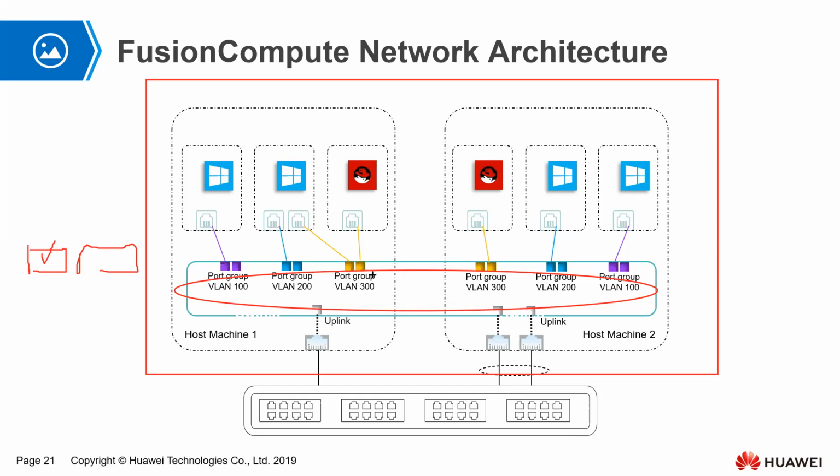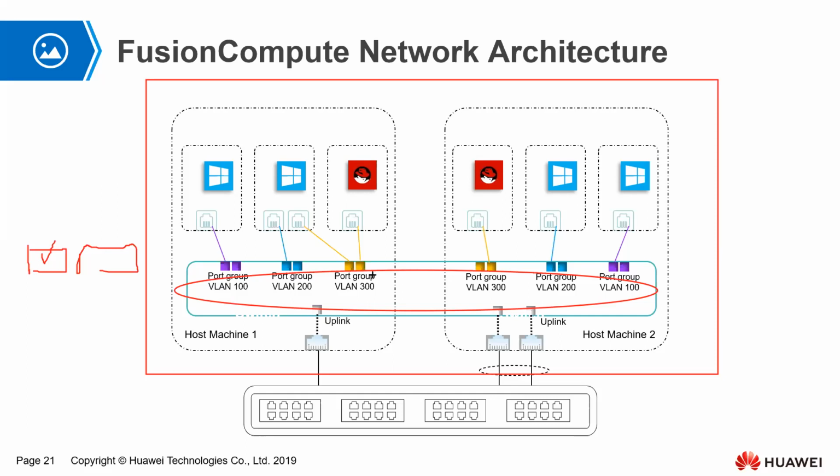Okay, so different physical ports can be configured for management plane, storage plane, and service plane. We already talked about management plane and management traffic, storage plane and storage traffic, and service plane and service traffic. So an uplink port or an uplink port aggregation group can be configured for each DVS to enable external communication of virtual machines served by different DVSs.